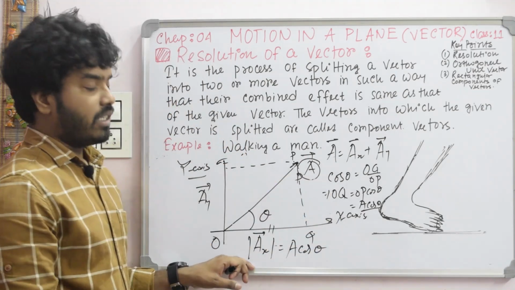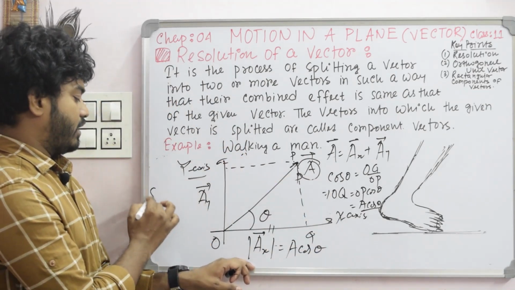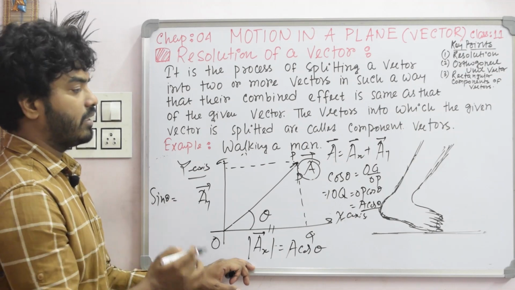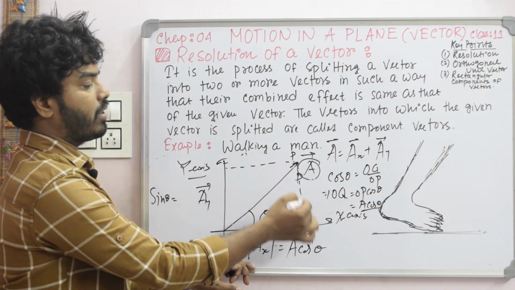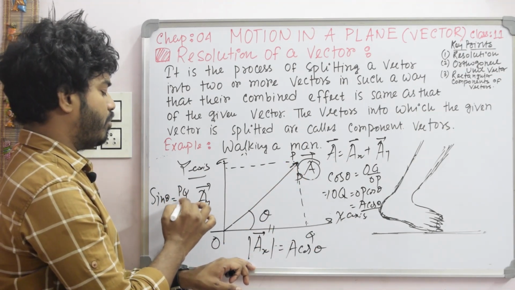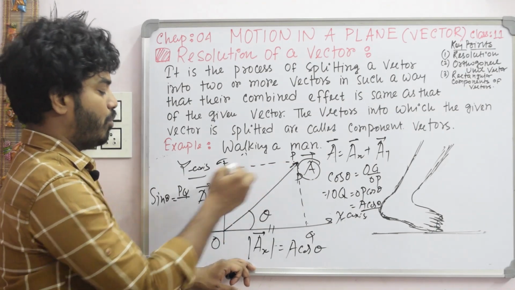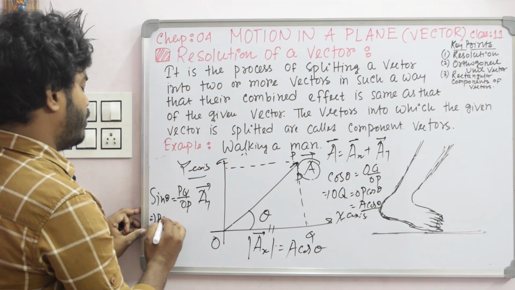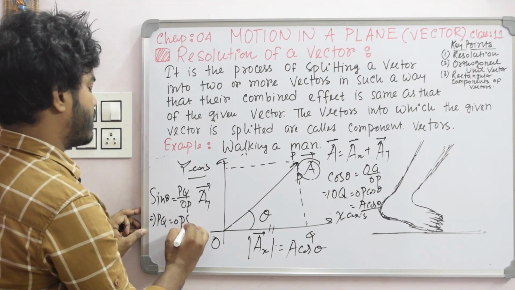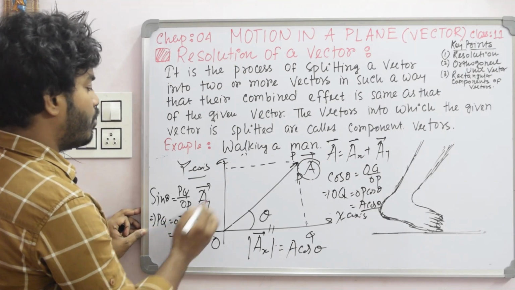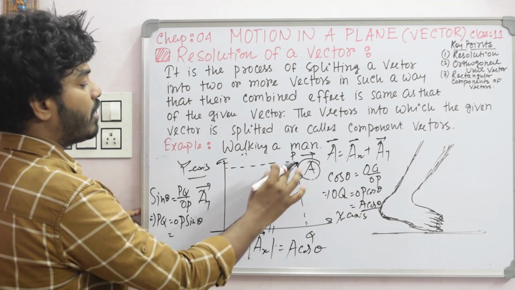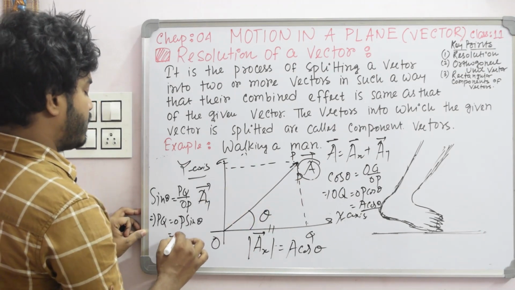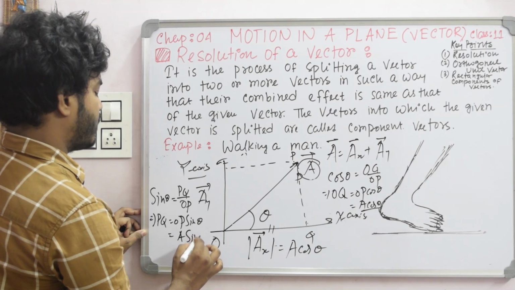And similarly you just consider sin theta. What is the value of sin theta? Sin theta is perpendicular, this one PQ, by hypotenuse, that is OP. So from here you can say PQ is equal to OP sin theta. So you know OP represents the magnitude value of the resultant vector, so that is A, and there is sin theta.